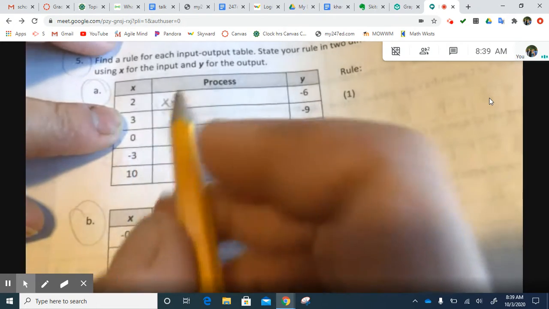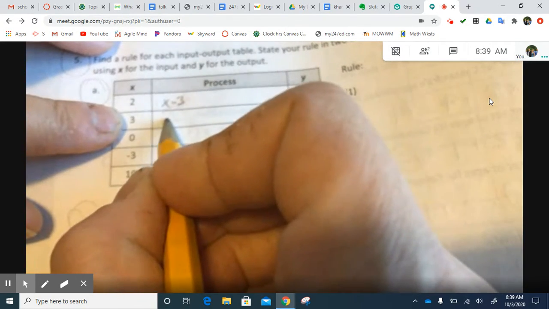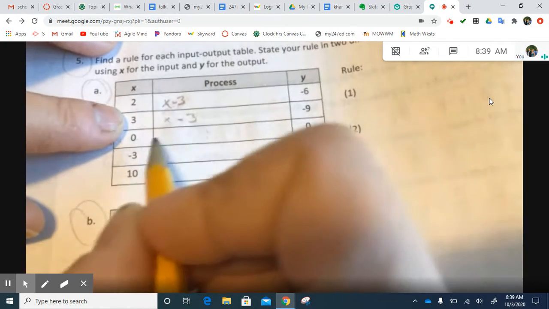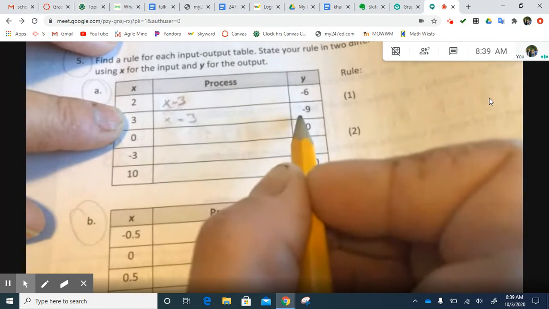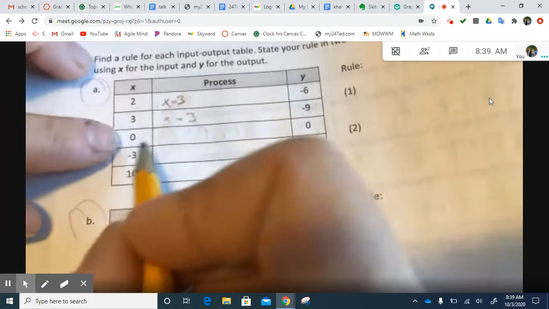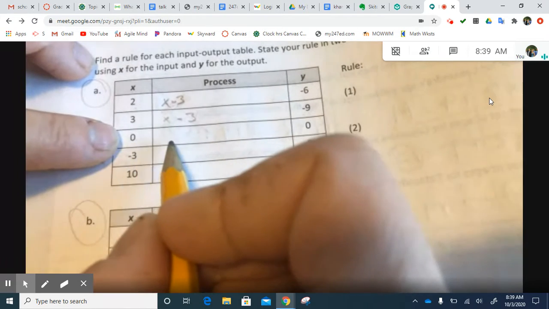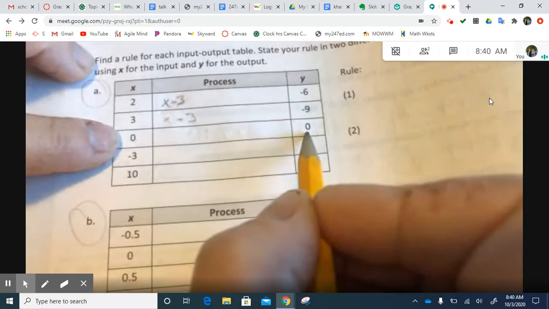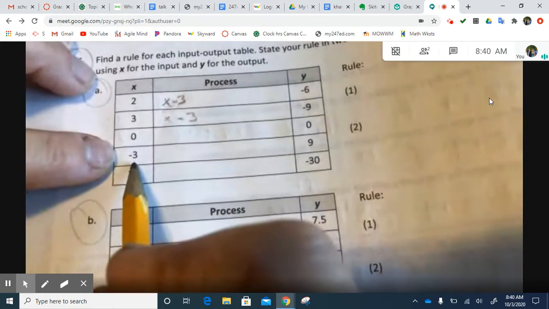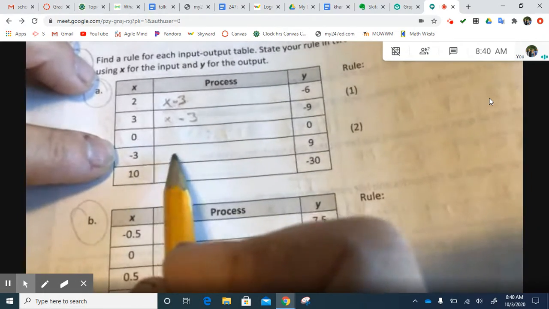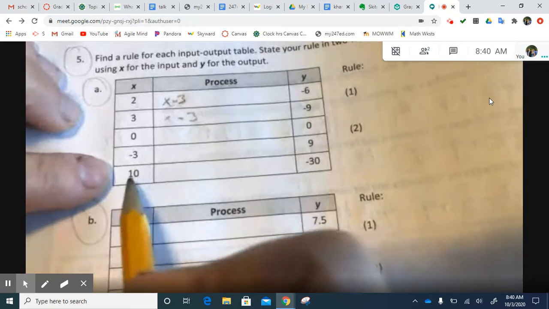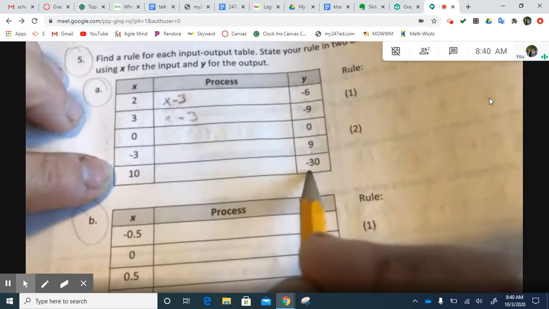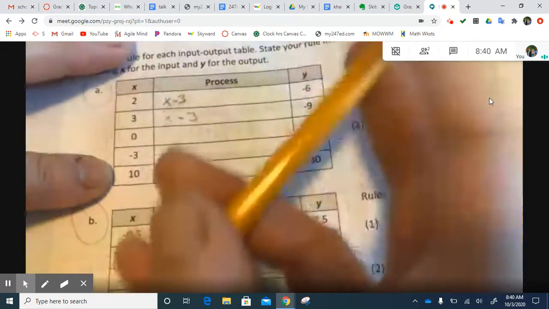If we have 3 times a -3, 3 times 3 is 9, positive times negative is a negative, that would work. And then how about 0 times -3? Well, anything times 0 is going to be 0, so that works. -3 times -3, positive 9. And then 10 times -3 would give us -30. So I think we found our rule.